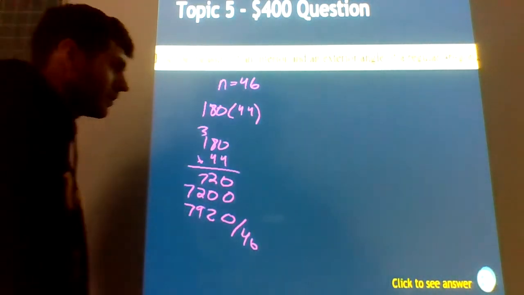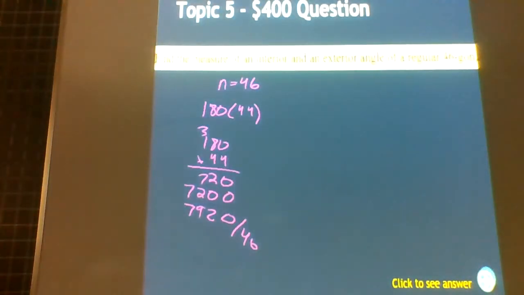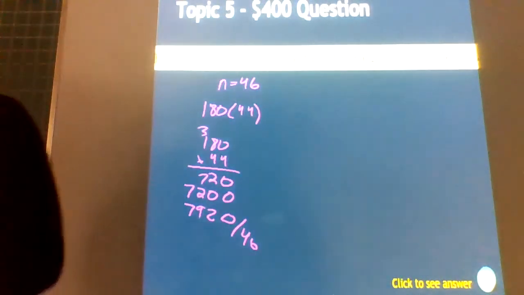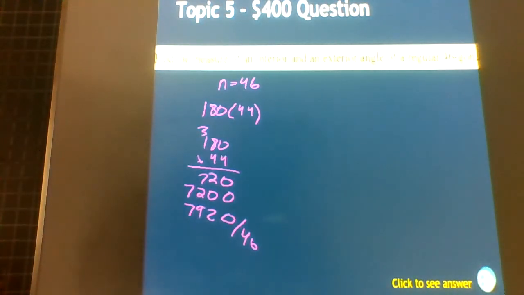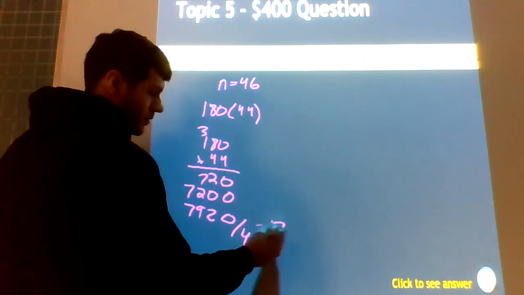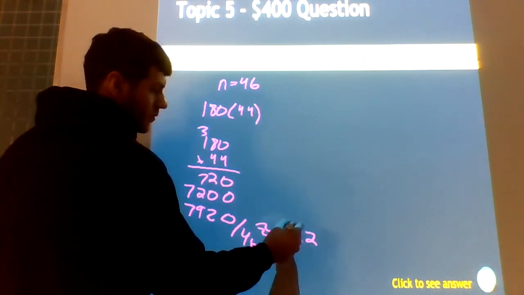Do you want to do that out? Probably not. Let's grab a calculator. What is it? 7920 divided by 46. Control Enter. 172.2, approximately.